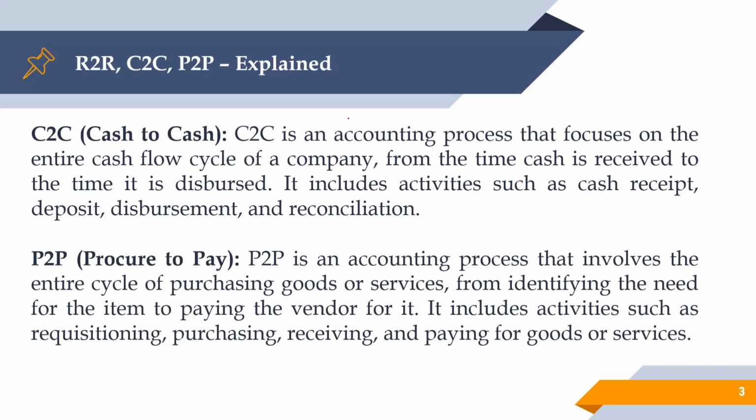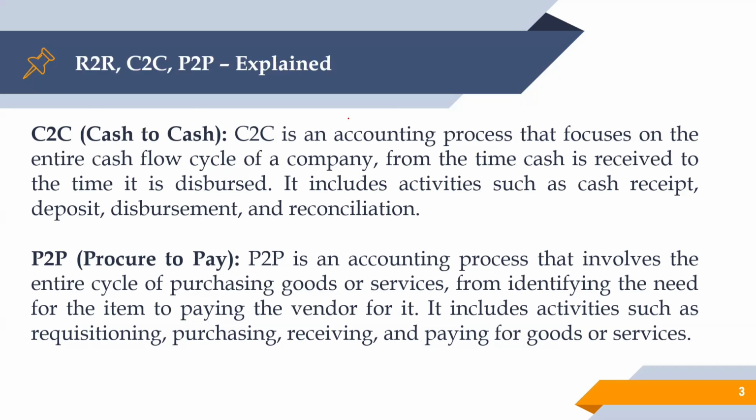So in this procure to pay, the activity involves requisitions. When we need something from our business standpoint and a vendor is going to provide it, we first raise the requisition. Then we place the purchase orders, and then the material is received. Once it's received, we make the payment. That's the in-depth view of procure to pay.